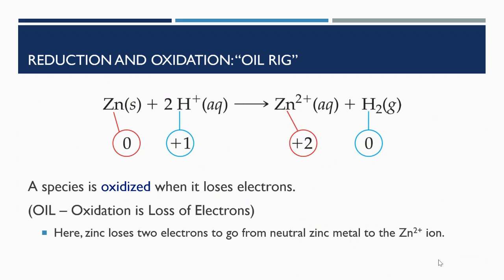And so whenever you have a redox reaction, you're always going to have a loss of electrons and a gain of electrons. So OIL RIG is a way that you could remember this. OIL: oxidation is loss of electrons. So zinc goes from 0 to 2 positive, so it lost 2 electrons, and that means it was oxidized.